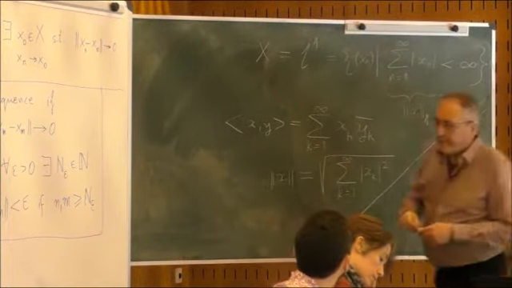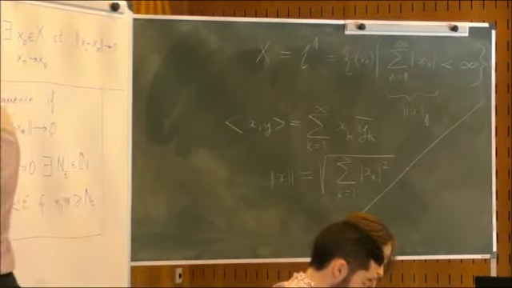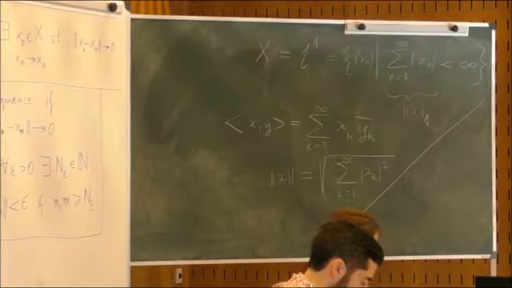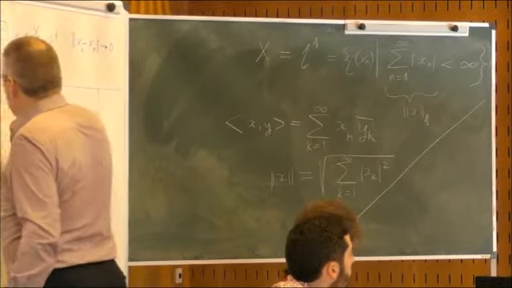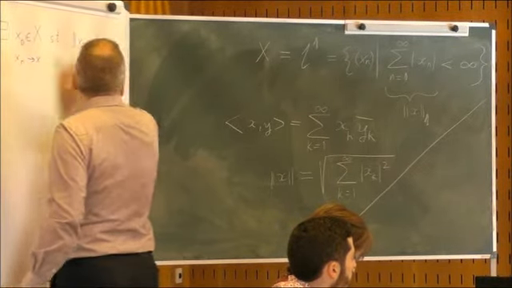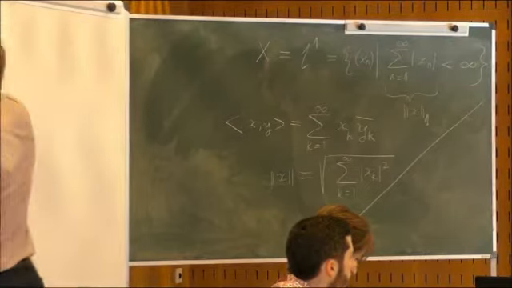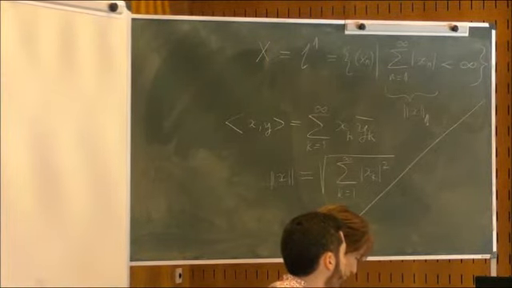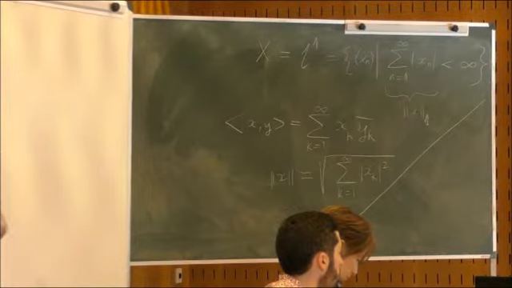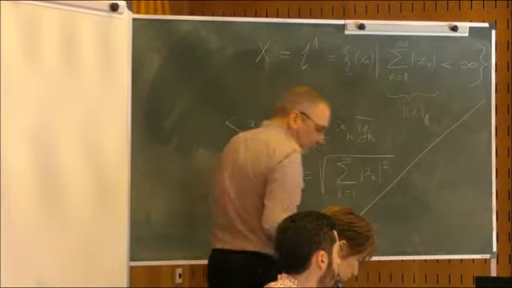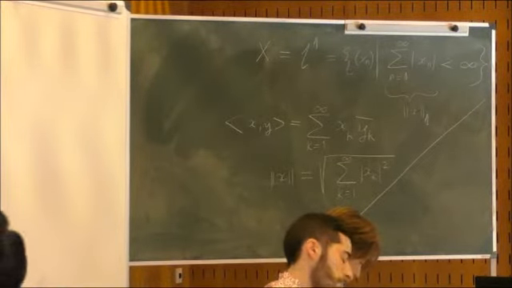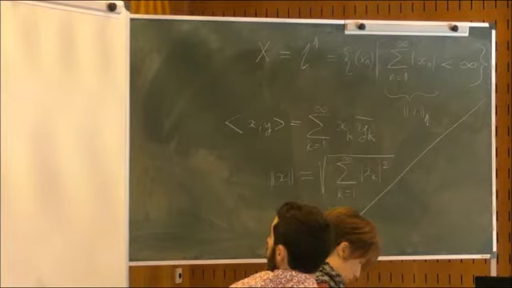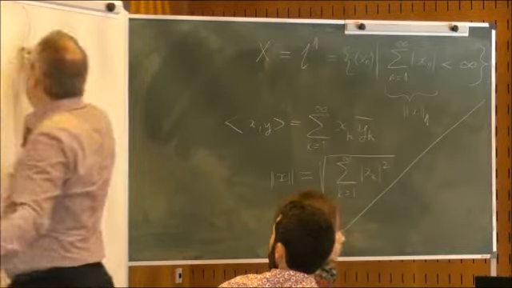I need more space, so I do it here. I define x1 as 1, 0, 0, 0, and so on, infinitely many zeros.